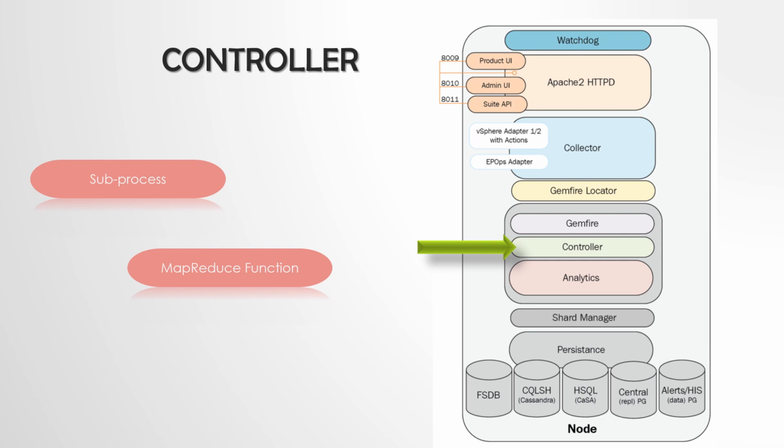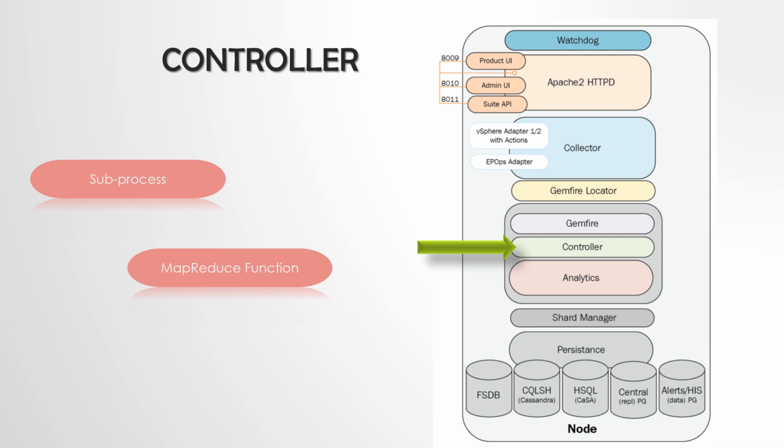You go to the UI, you select a report, you generate a report on the particular object. The controller will pull the data from the persistence layer, and that pulled data is thrown to the analytics. There, the processing of the data takes place. After that, the end result will be shown in the user interface. So this is how querying is done.